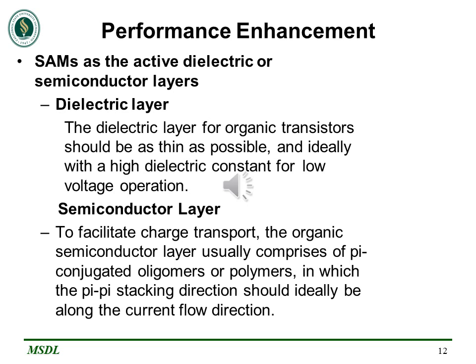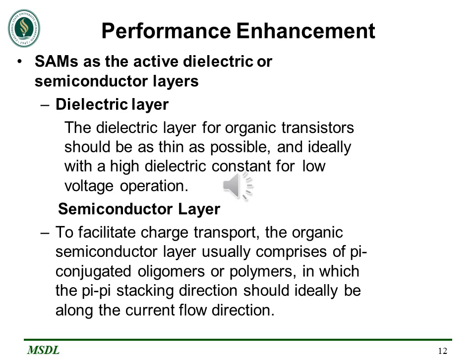After the surface modifications with self-assembled monolayers, we have the layer modifications, and we take self-assembled monolayers as the active dielectric or semiconductor layers for the organic transistors. The dielectric layer for organic transistors should be as thin as possible, and ideally with a high dielectric constant for low voltage operation.